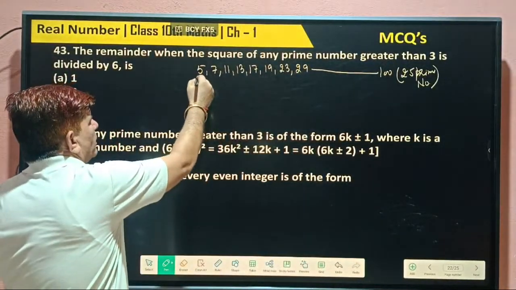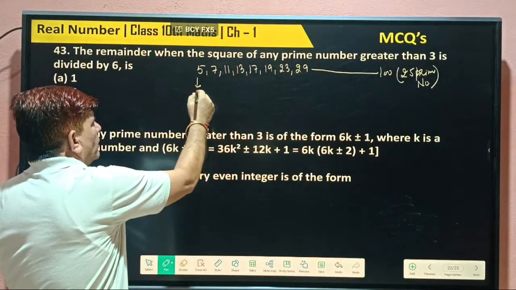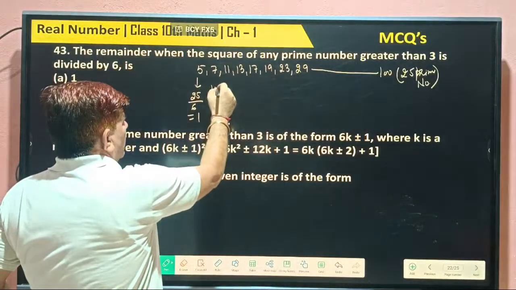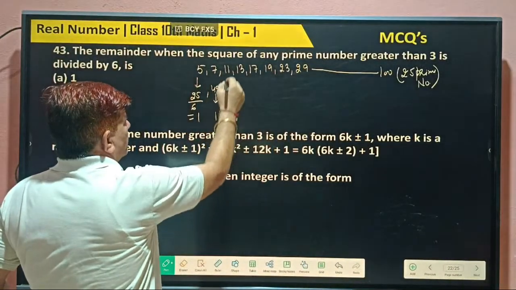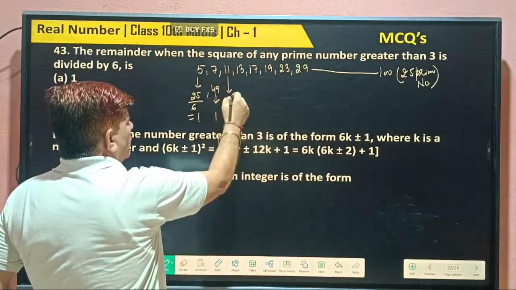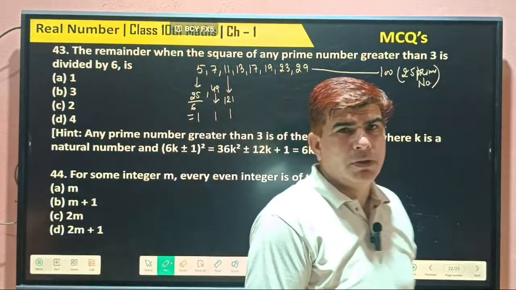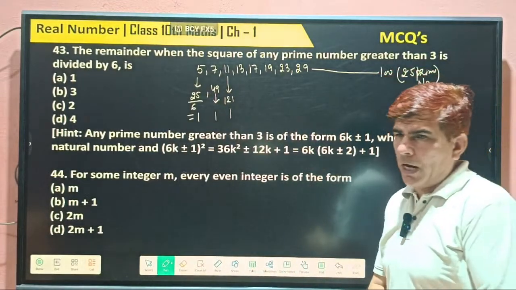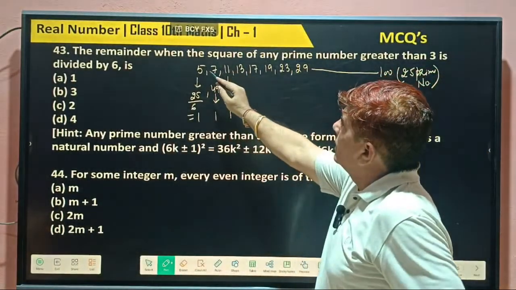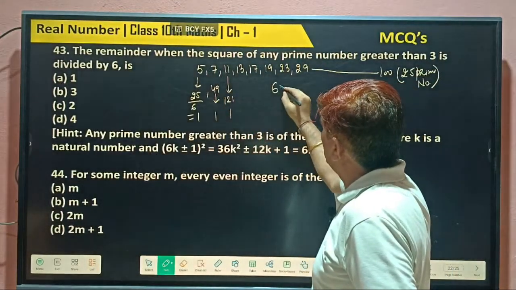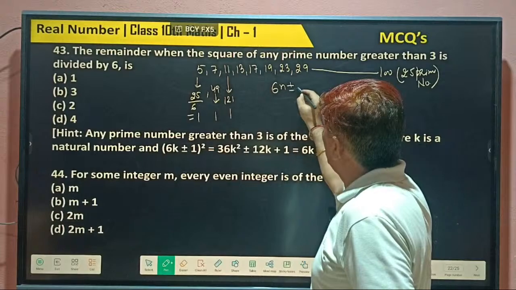Directly you can take 25 divided by 6, remainder is 1. 49, remainder is 1. 11 squared is 121, remainder is 1. So in all cases, the remainder is 1. So any number which is prime and greater than 3 is of the form 6n plus minus 1.